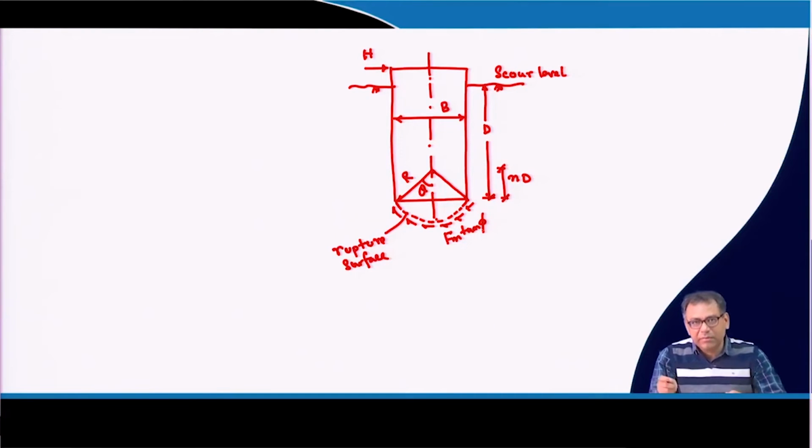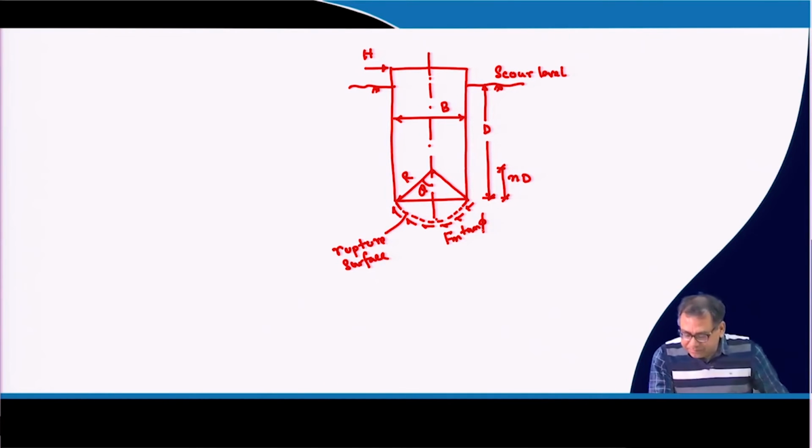Because of the rotation, the rupture surface will be developed at the base of the well, and if Fn is the normal force normal to the rupture surface, then the shear that will develop along this rupture surface will be Fn into tan phi. Phi is the friction angle of the soil.